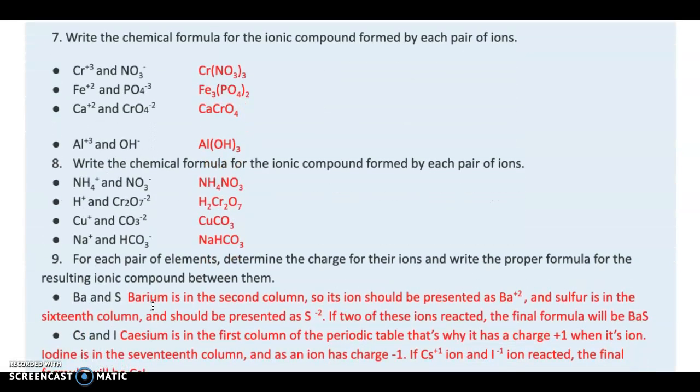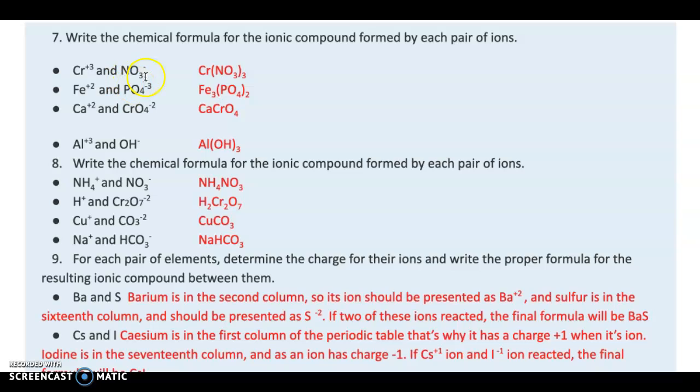Next question. You'll have to write the chemical formula for the ionic compounds formed by each pair of ions. And this is something a little bit more complicated because you'll be combining a single metal cation with a polyatomic anion. Polyatomic anions have more than one element, like for example over here, it's 3 oxygens and 1 nitrogen, and this whole molecule has a negative charge.